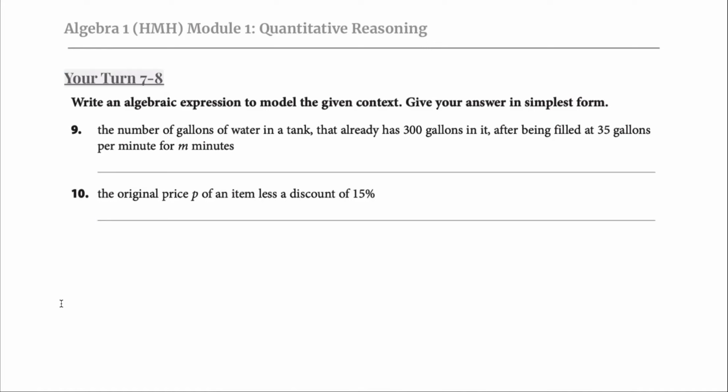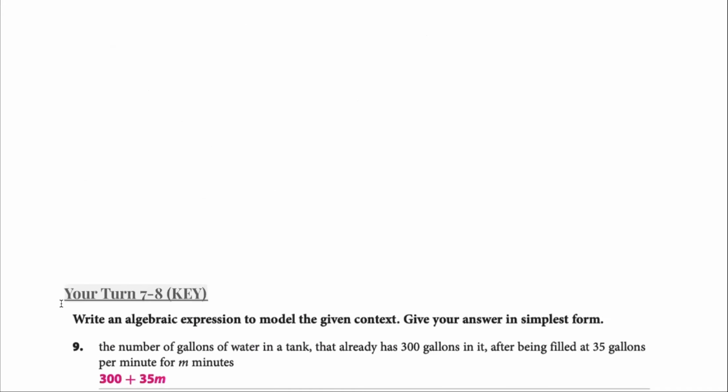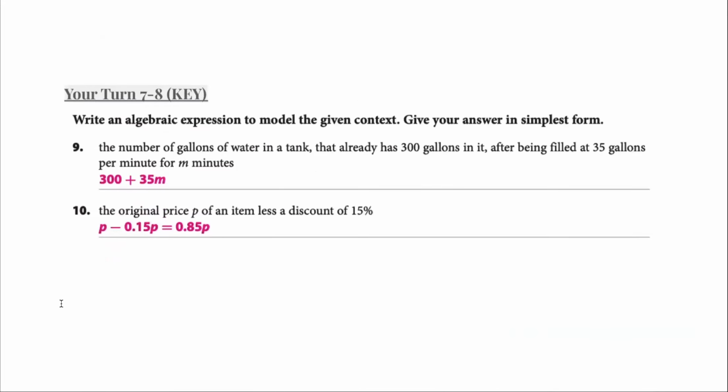Okay. So I'm going to assume that you worked on it, and here are the answers, guys. Now, original price P, less means minus, right? And a discount of 15%. By the way, to get a discount of 15%, you have to ask yourself, 15% of what?